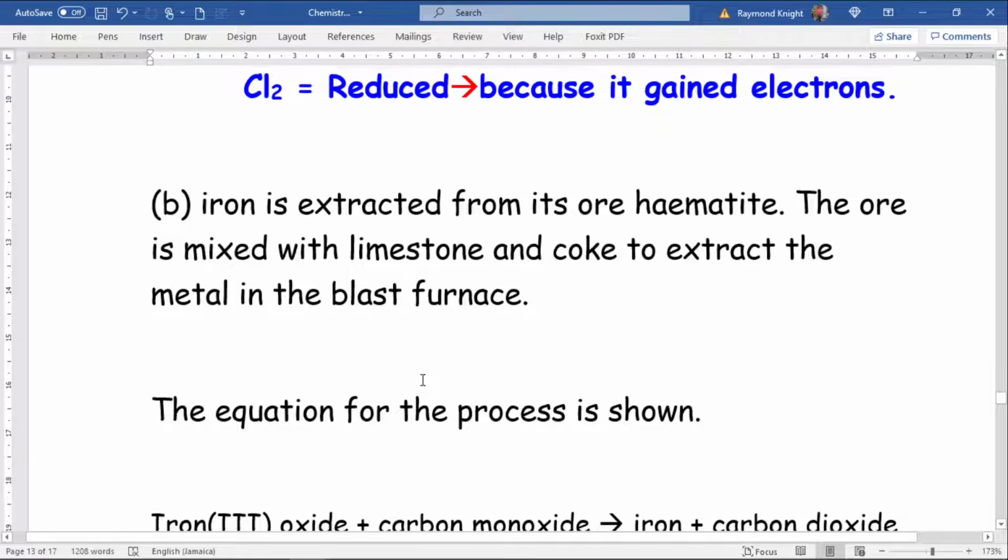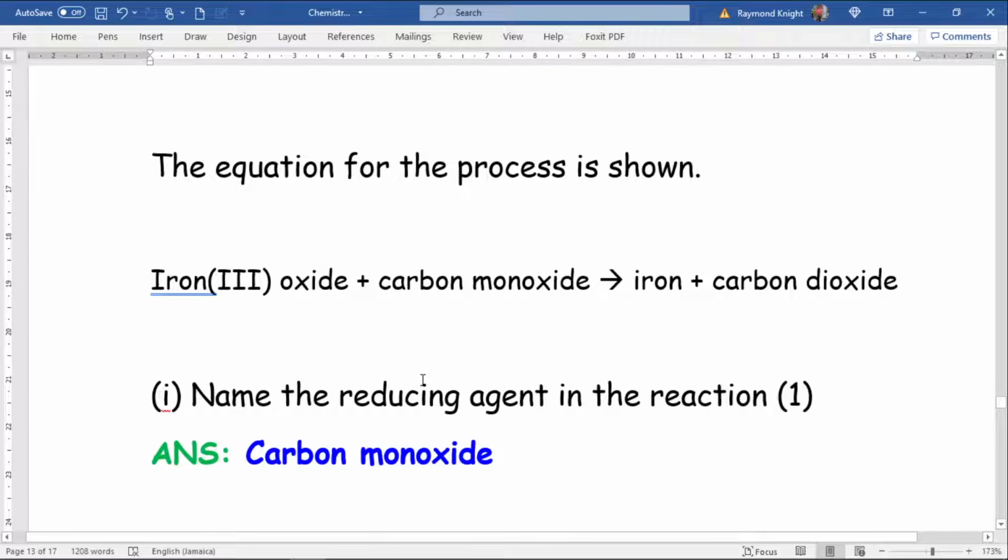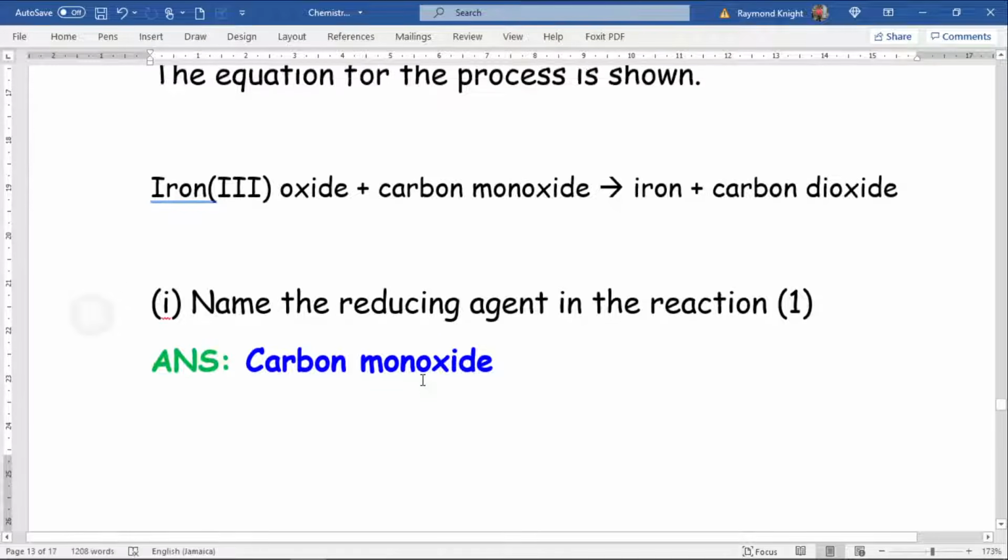Part B. It said iron is extracted from its ore, which is hematite. The ore is mixed with limestone and coke to extract the metal in the blast furnace. The equation for this is shown: iron(III) oxide plus carbon monoxide gives iron and carbon dioxide. Name the reducing agent in the reaction.